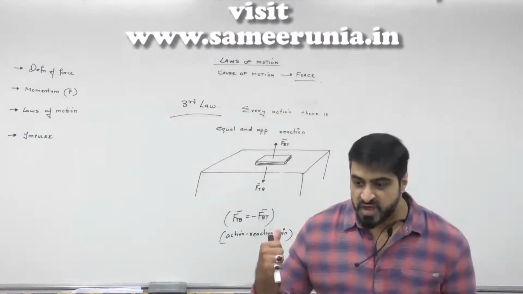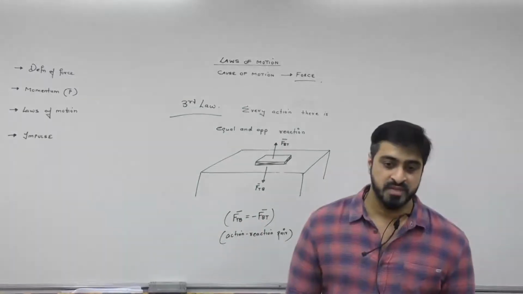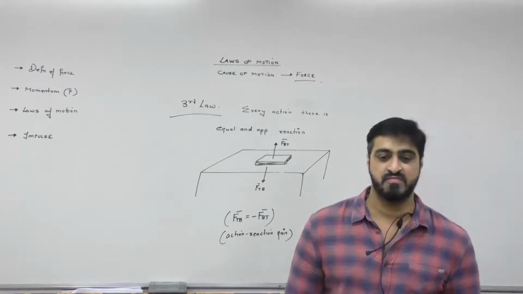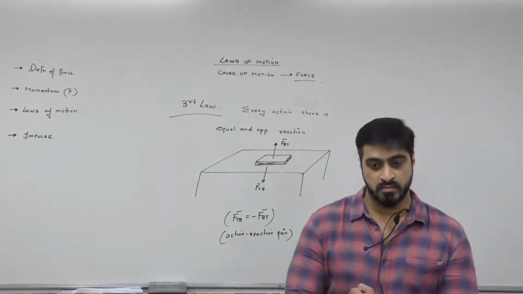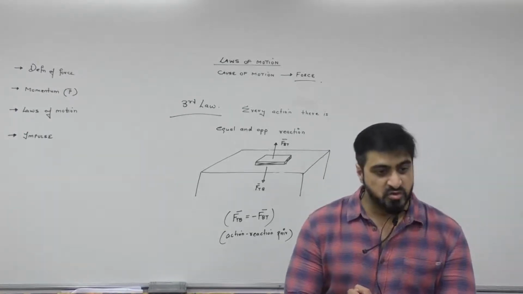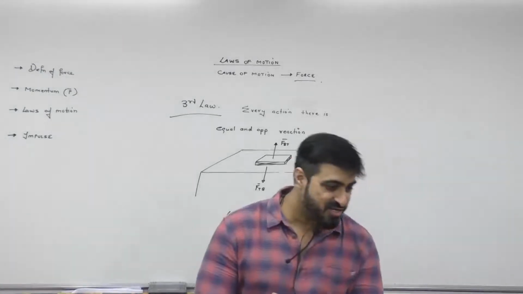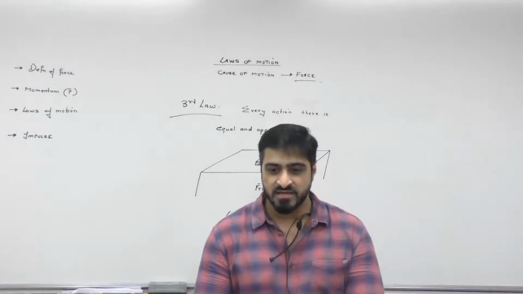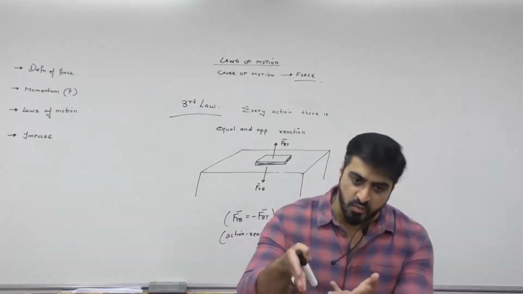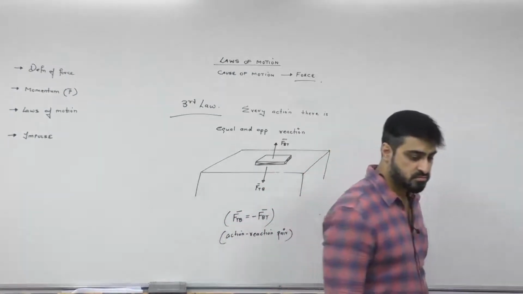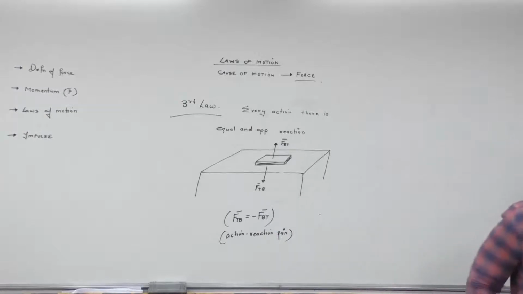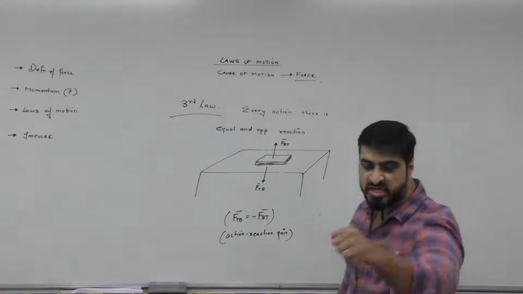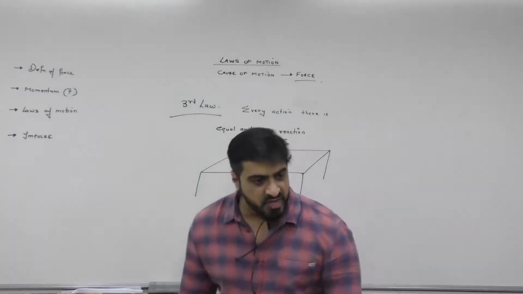The game was of action reaction pair. And on the basis of this, Coulomb's law, gravitation law, everything is built. The force acting on sun due to the earth and the force acting on earth due to the sun, will they cancel? If they cancel, how will the earth revolve? The force acting on Jupiter by the sun and the force acting on sun by the Jupiter, will they cancel?